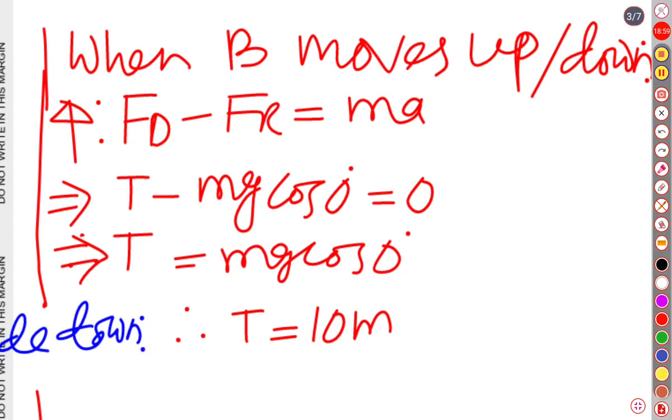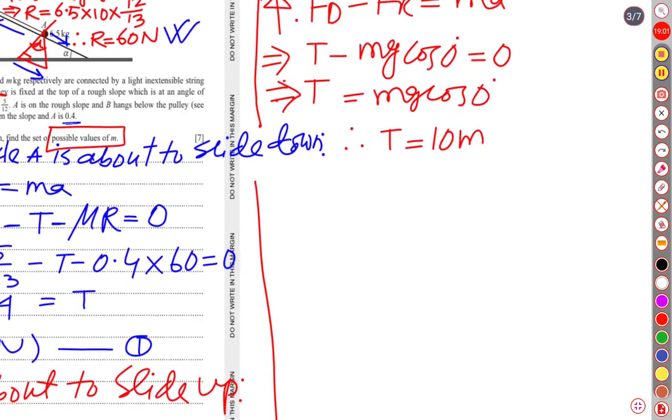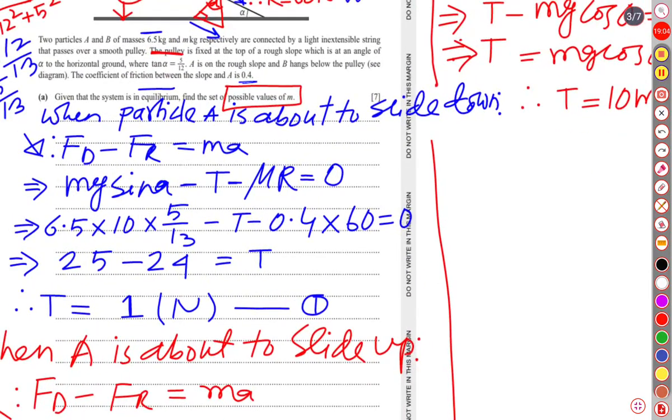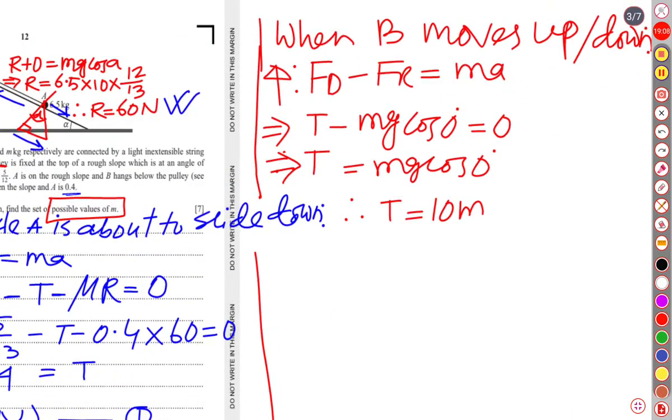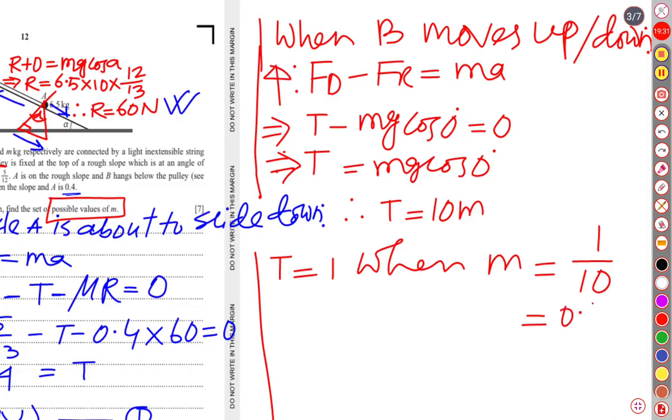Now if we go back to the equations, first T was 1, so we can apply this one. T is equal to 1 when m is equal to, T over 10, so 1 over 10 equal to 0.1.